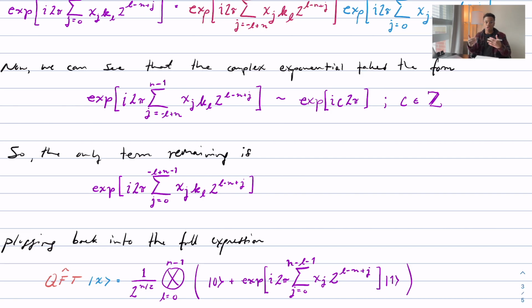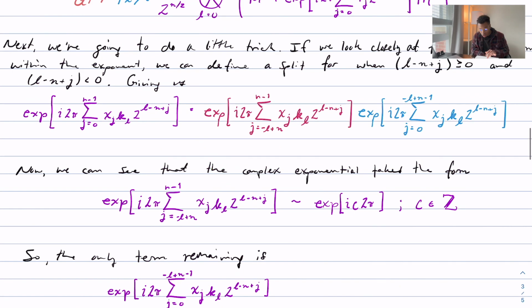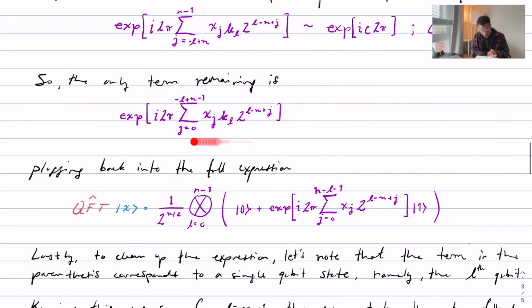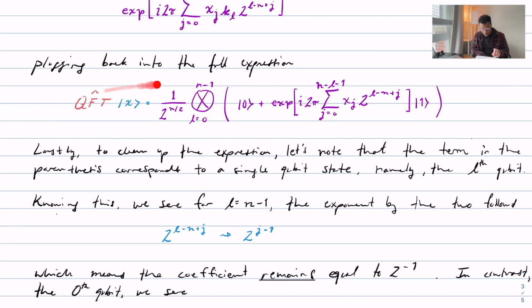And so all you're really going to see is just constant coefficients of 1, because e to the i 2 pi is 1. So then the only term remaining is the term that I have in blue here, and I've rewritten here. So we have j equaling 0 to minus L plus n minus 1. And so plugging that back into the full expression, we have this.